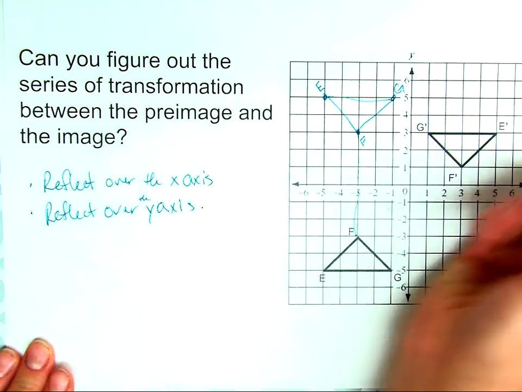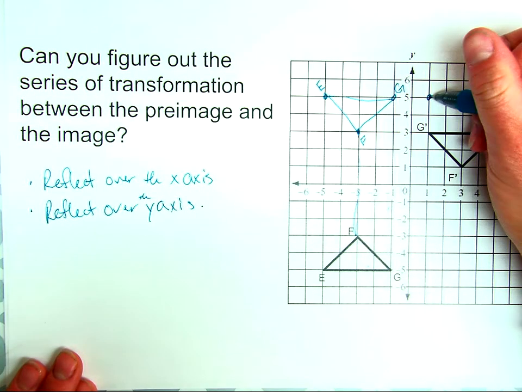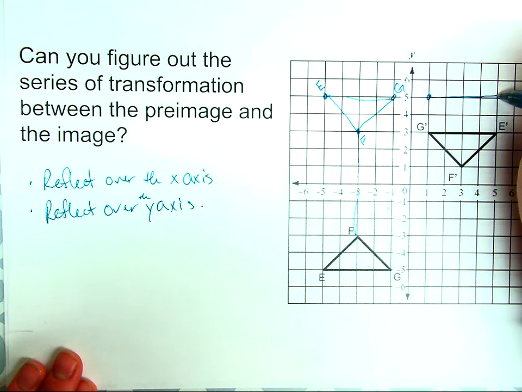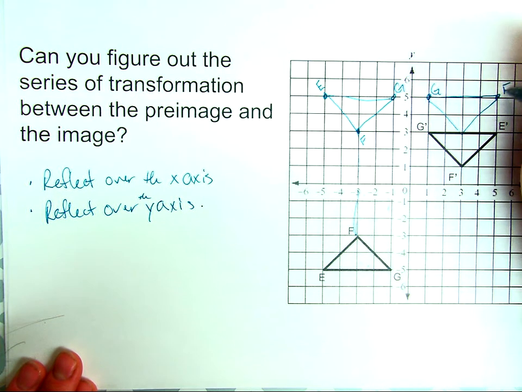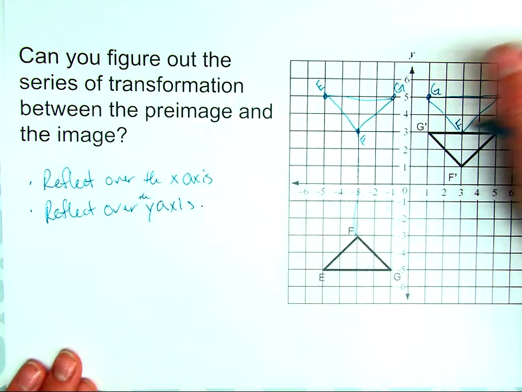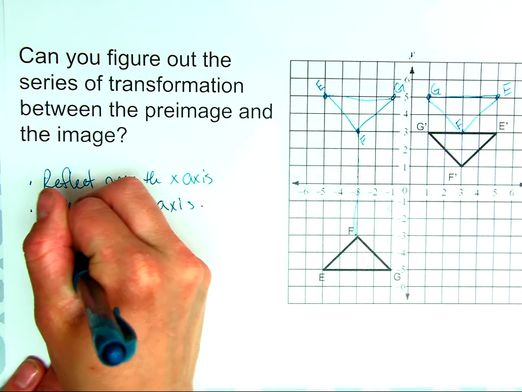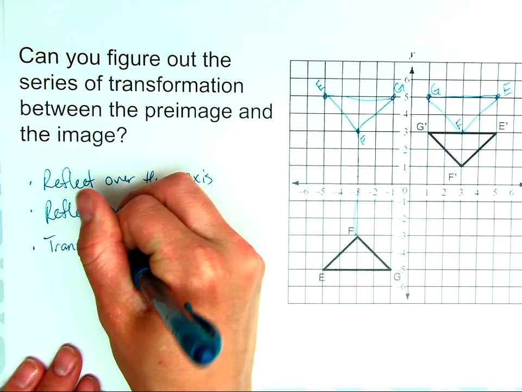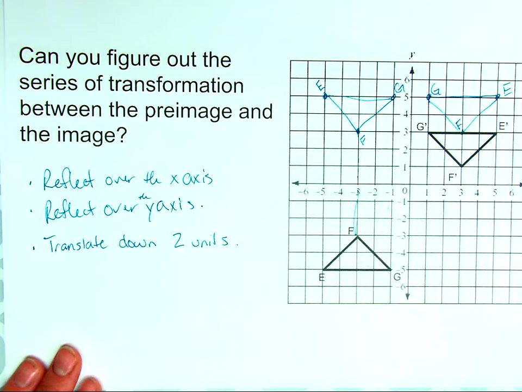So I know I'm going a little fast here. Okay, so now if I just translate that down, it'll line up. So translate down 2 units. Okay, so that's just one example.